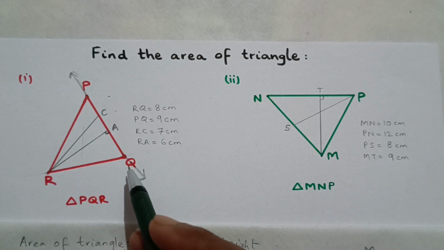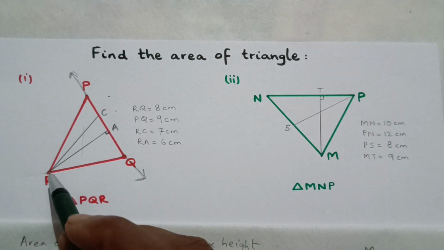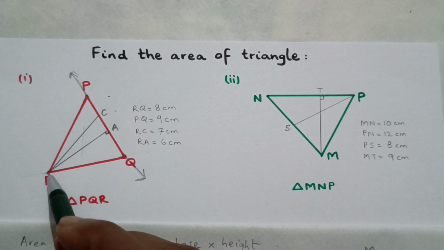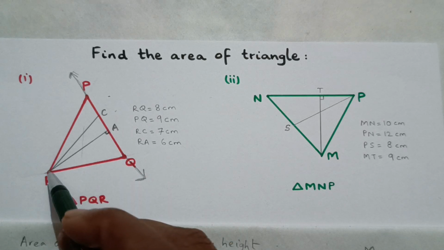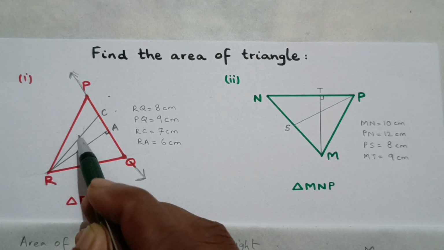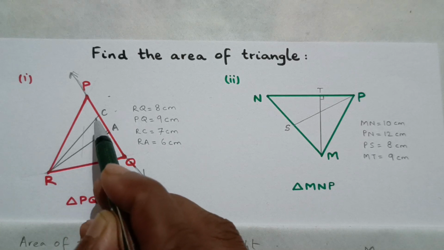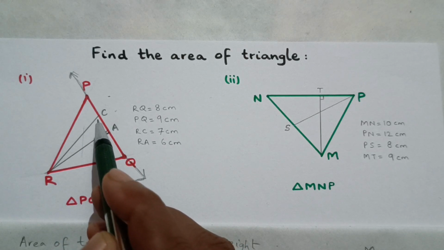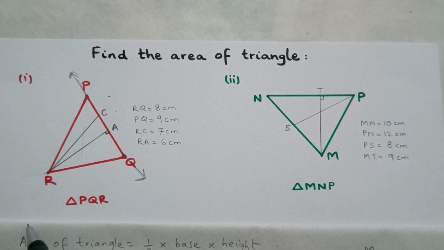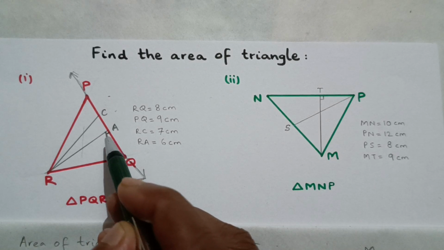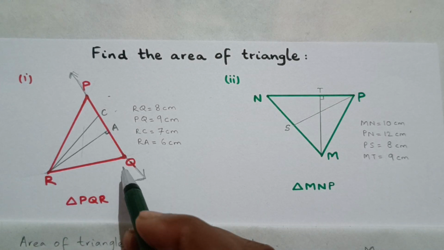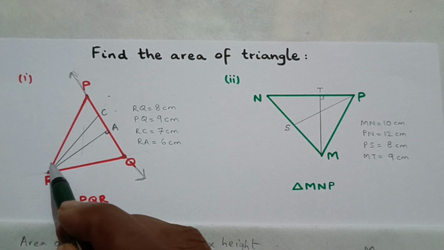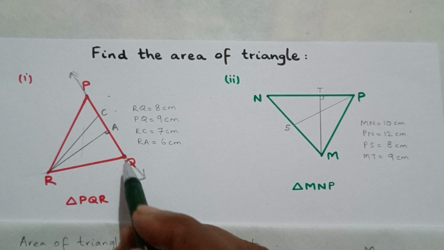Because RC starts from the opposite vertex R, and for QP the opposite vertex is R, but RC doesn't meet QP at 90 degrees. For height, the angle should be 90 degrees. But RC doesn't meet QP at 90 degrees. So therefore RC is not the corresponding height for QP.